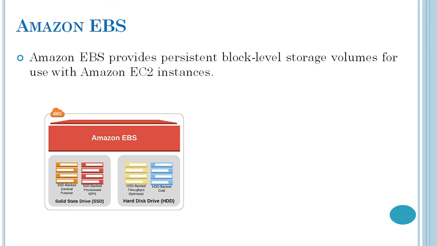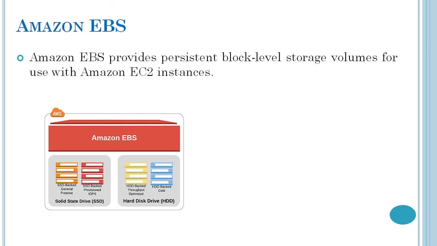To make the volume available outside the availability zone, you can create a snapshot of the EBS volume and restore it later on. Multiple Amazon EBS volumes can be attached to a single EC2 instance, although a volume can only be attached to a single instance at a time. You can also detach an EBS volume from an instance and attach it to another instance. You can dynamically change the configuration of the volume attached to the instance.